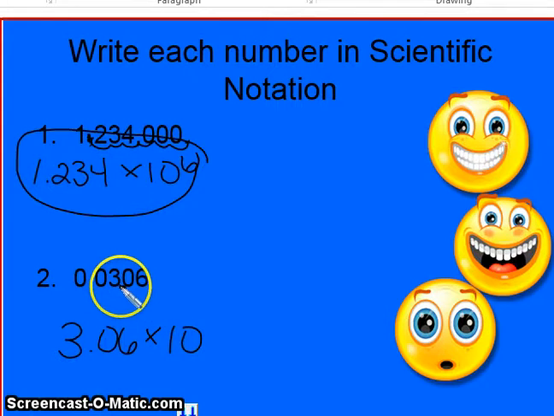Now, here's my decimal point that I put in. Here's the original decimal point. To get it back to where it started, I have to move this decimal point 2 places, so 2 is going to be my power of 10, and since I moved it 2 to the left, my power of 10 is negative. So 0.0306 in scientific notation is 3.06 times 10 to the negative 2 power.